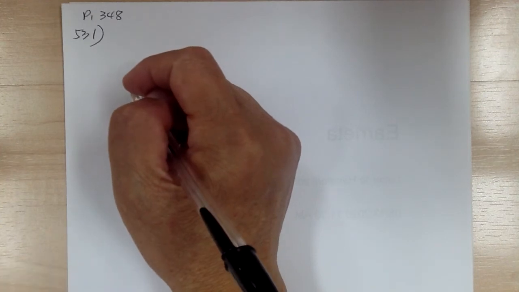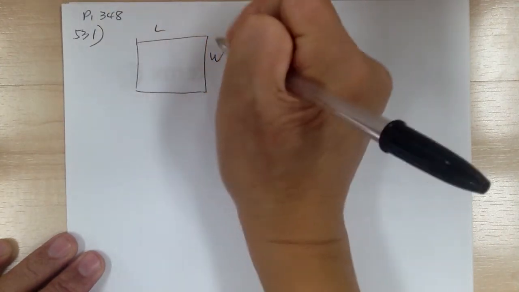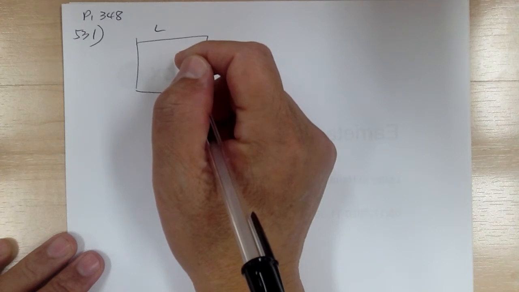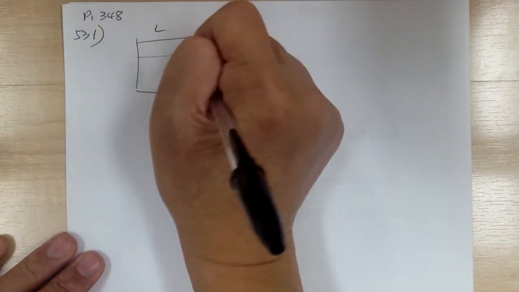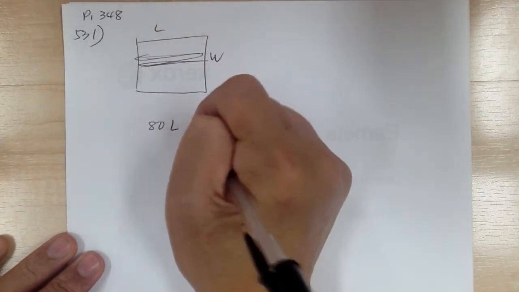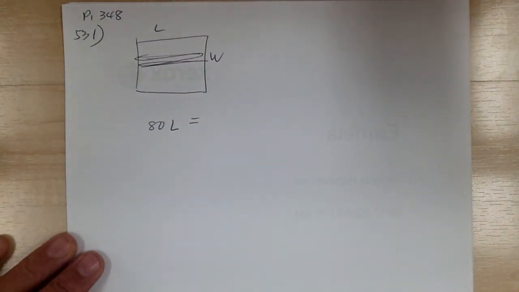Okay, so to swim a mile in a certain rectangular swimming pool, so you have a swimming pool over here, you have to swim back and forth 80 times. So it means 80 times the length of the pool will equal 1 mile. Now they want you to figure out the square yards, right?